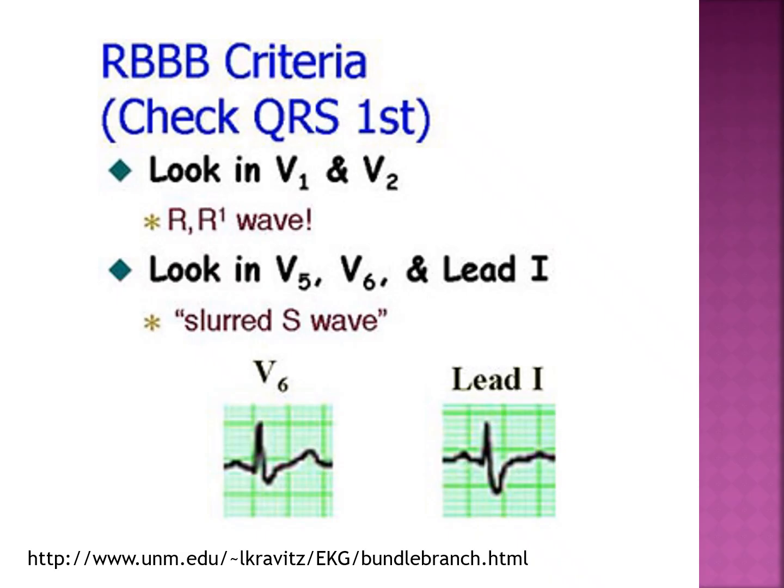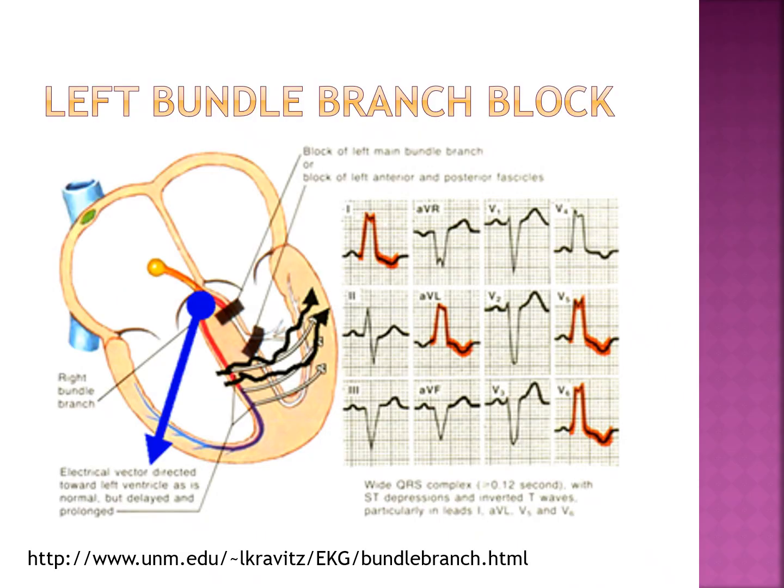So look in V1 and V2, you'll see that RR prime. Again, we're not going to worry about this because I'm going to show you again. In the left bundle branch block, look at V1 and notice that the terminal forces in V1 are going down. But look at the lateral leads for the QRS complex.